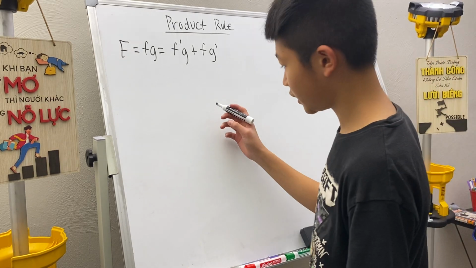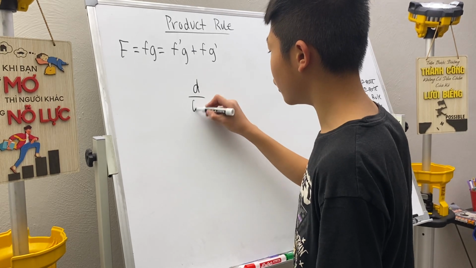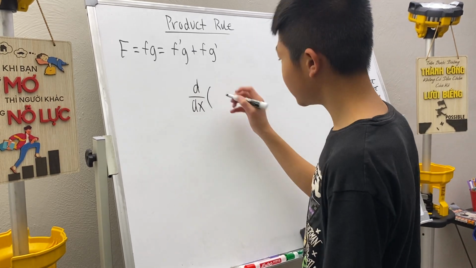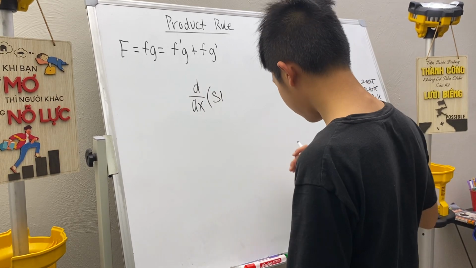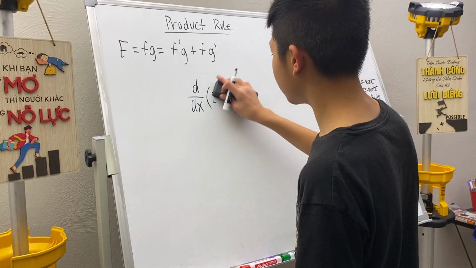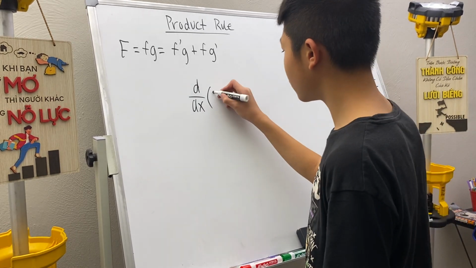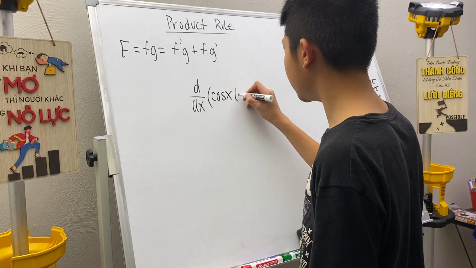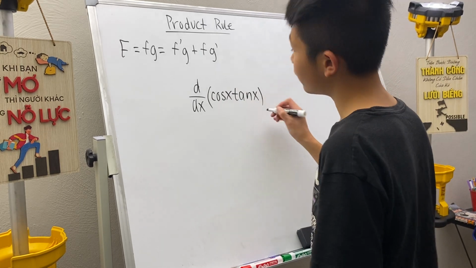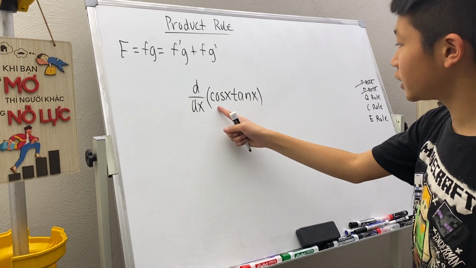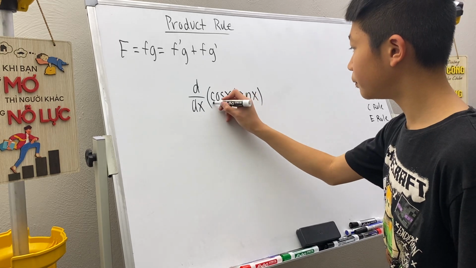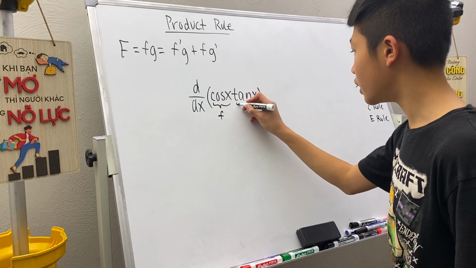How about this? Derivative of sine x. We didn't do cosine x, so let's do cosine x and tangent x. This is a part of rule 2. This is f, and this is g.